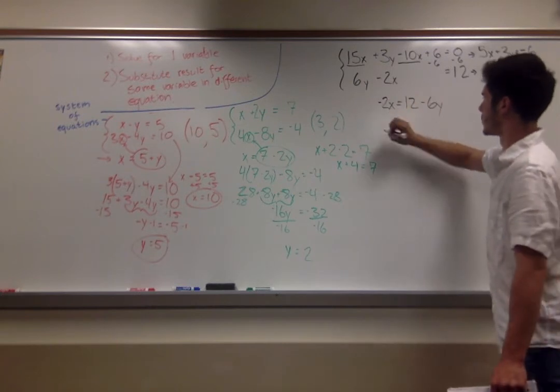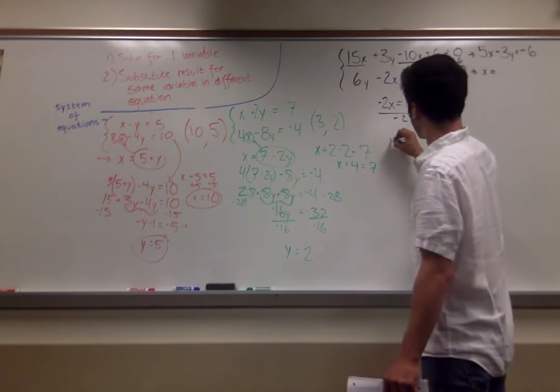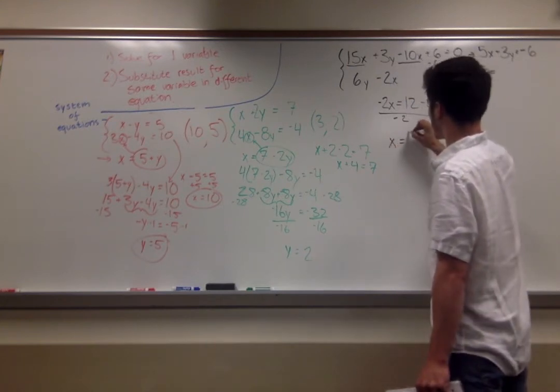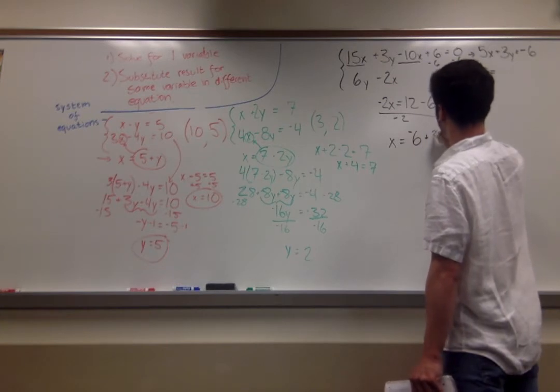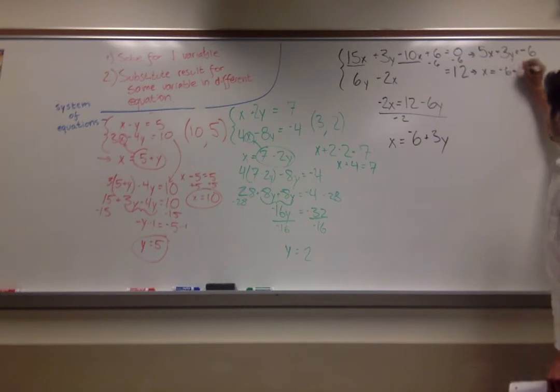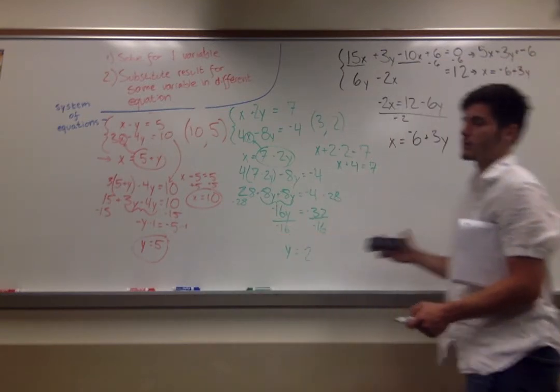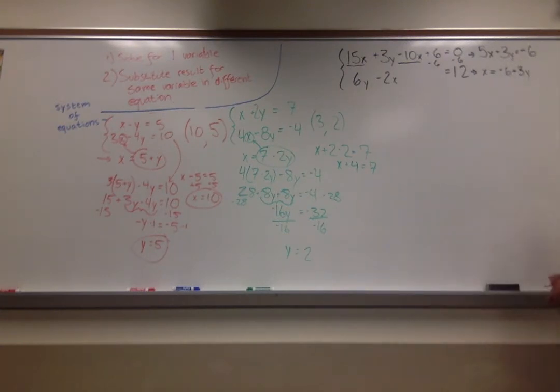Divide the whole thing by negative 2, we have x equals negative 6 plus 3y. And so there's our new equation. I'll erase this work. Hopefully you got that. And so now we have x equals negative 6 plus 3y, and we can plug that right into there.